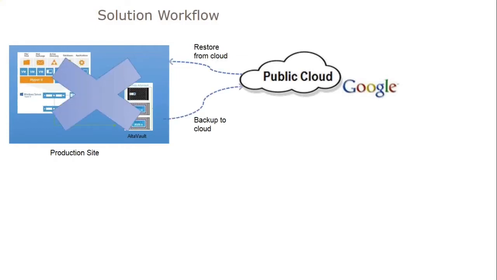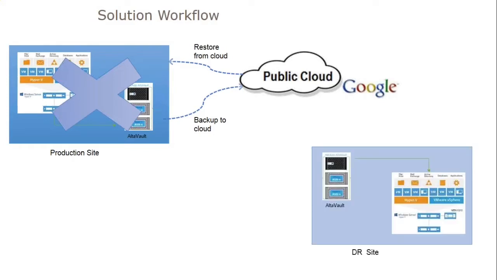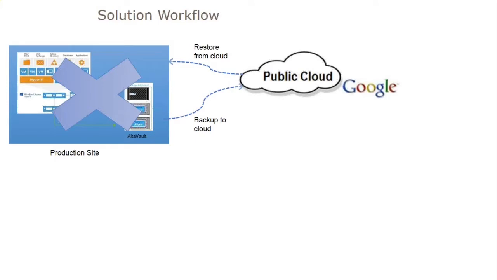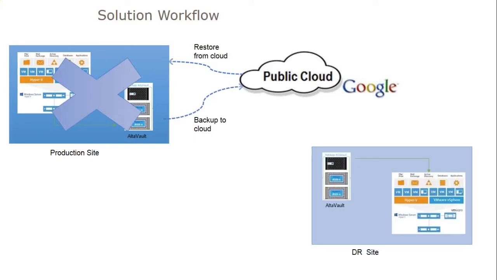Suppose our production site is down, say a disaster hits the production site. We can build a DR site and restore our entire cloud data to the newly built site and start our production as if nothing has happened. This is how the workflow of the solution works.